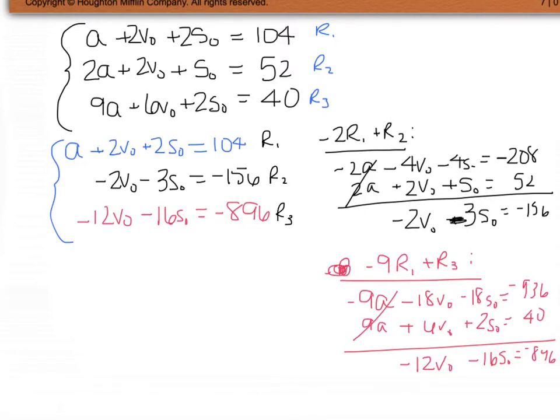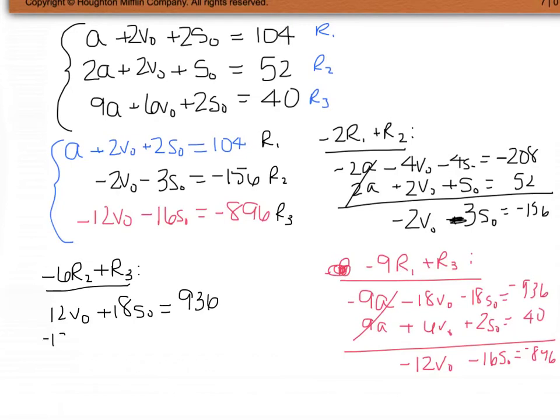If I multiply my R2 equation by negative 6 and add it to my R3 equation, we end up with 12v sub 0 plus 18s sub 0 equals 936.